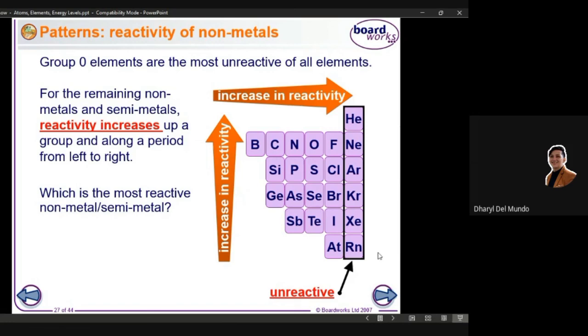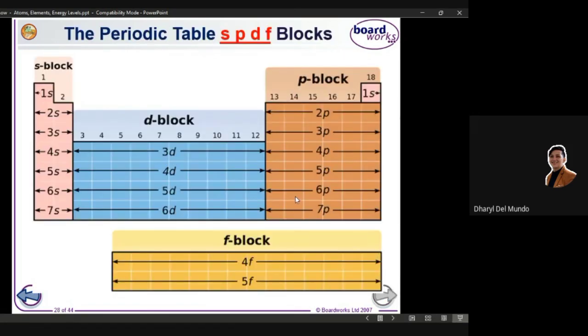Alright? Am I clear? So, this is the periodic table of SPDF blocks. Remember that we have the SPDF room. So these are the orbitals. So when you go to this part of the periodic table of elements, they belong to the S block. When you go to the right side of your periodic table, this is the P block.